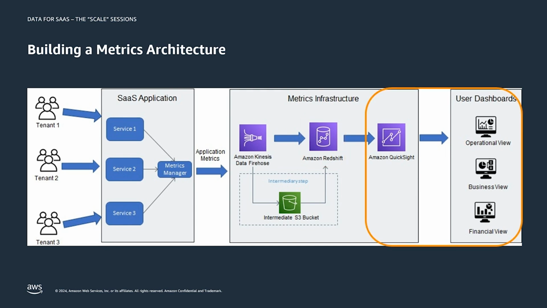And the last piece of the puzzle is Amazon QuickSight, which is our GUI-based business intelligence and reporting dashboard, which sits on top of your Redshift metrics data and allows you to build some custom views of tenant trends and activities. In the next few slides, we're going to look at some example GUI dashboards for a tenant application that are all based around tenant consumption and usage of our simple storage service or S3 consumption.